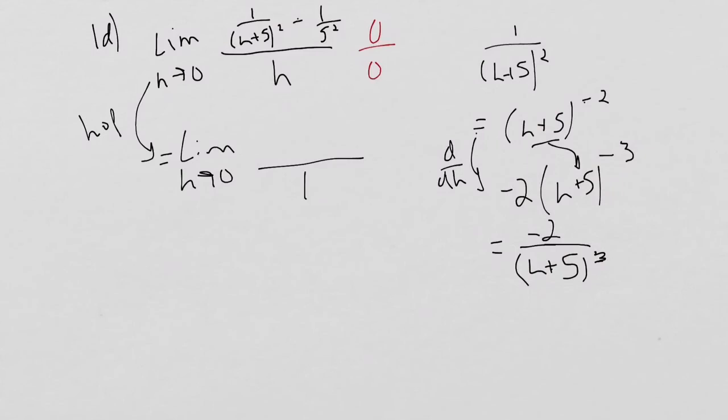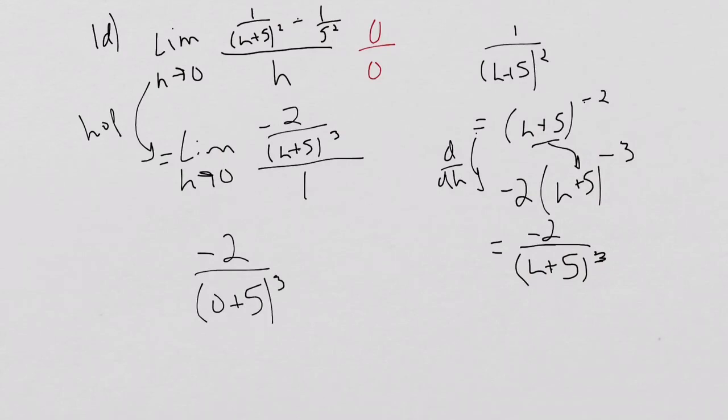So I'm going to write negative 2 over (h plus 5) to the third, divided by 1, which does not change this thing. So I am going to just plug in h equals 0 and get negative 2 over (0 plus 5) cubed.